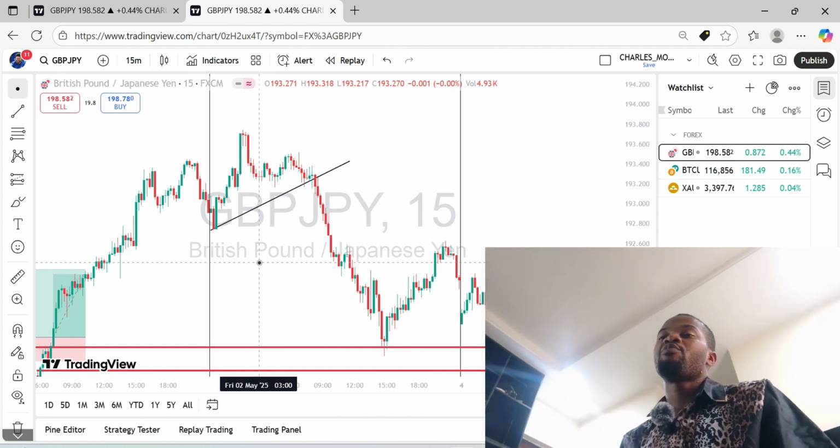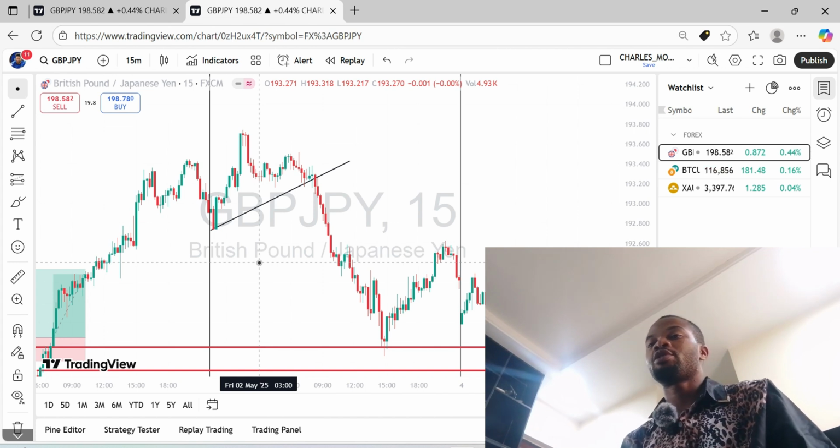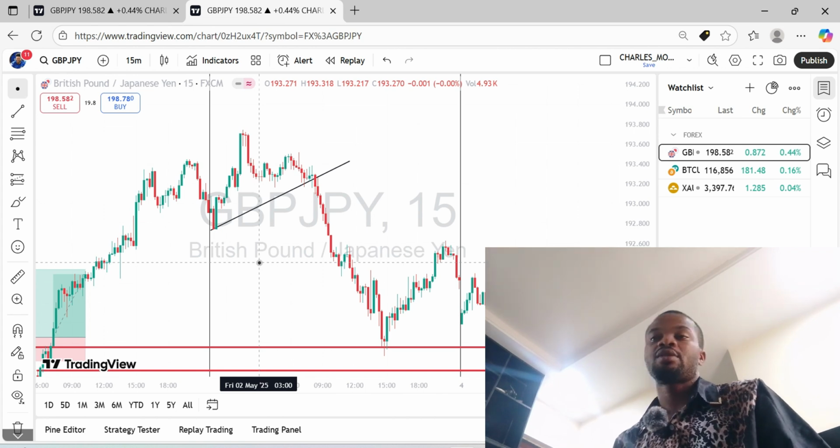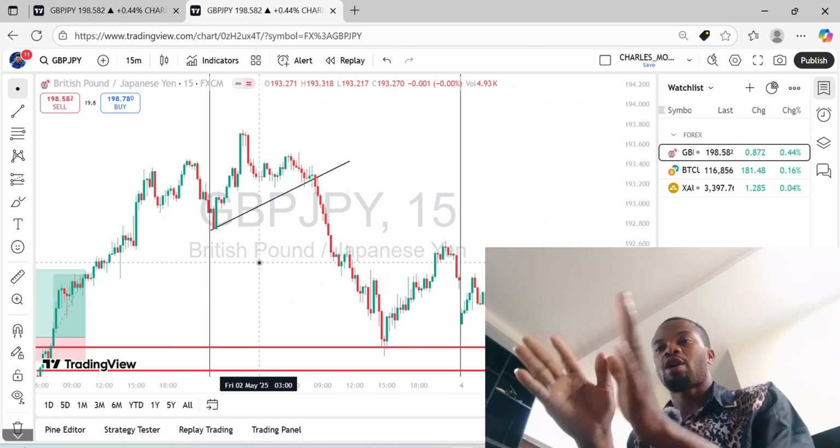Then if the market is somehow confusing, because with this I've not seen where the market is about to move, this would have been my trap for that day.